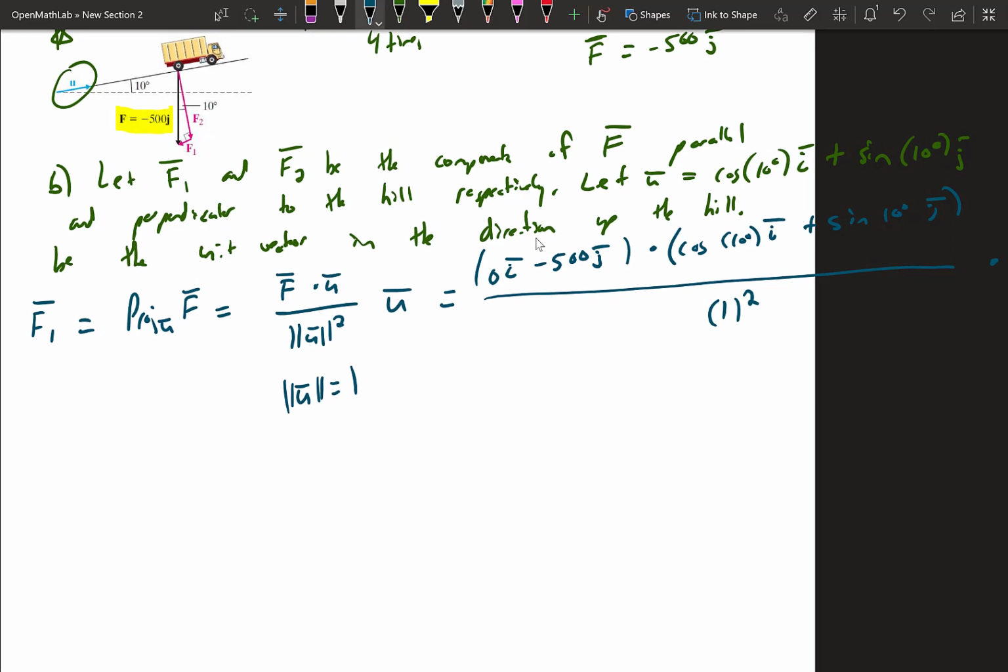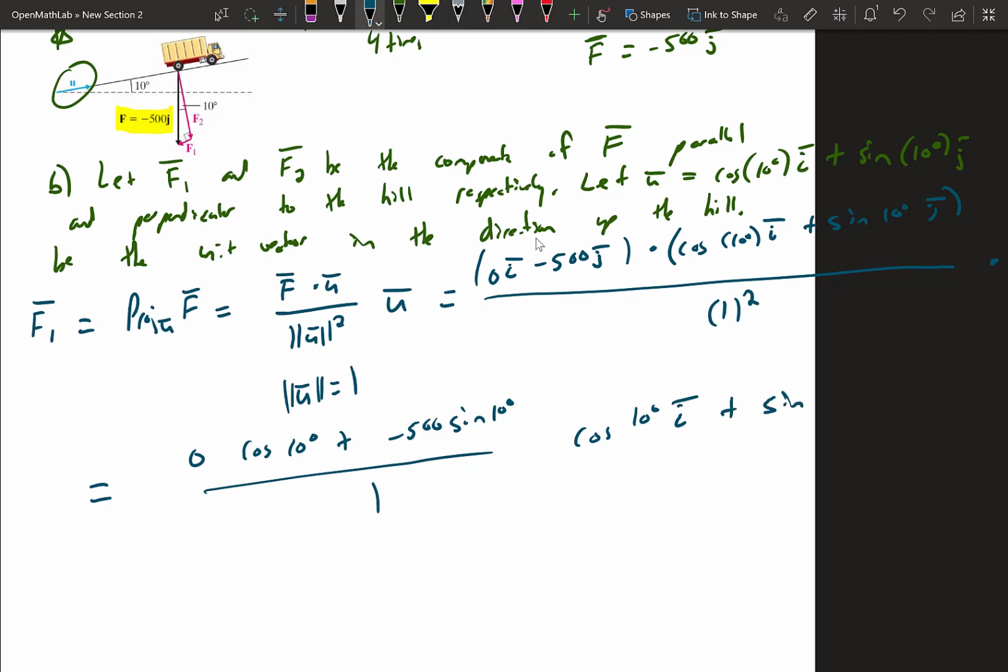So then what this gives me is 0 times cosine of 10 degrees plus negative 500 times sine of 10 degrees, all over 1, times cosine of 10 degrees times vector i plus sine of 10 degrees vector j.